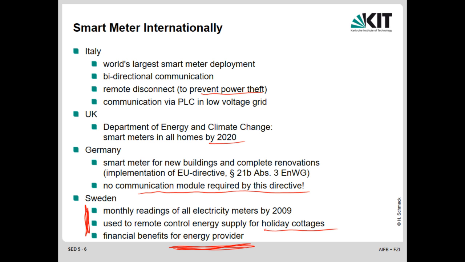In Sweden, it's no problem for the people because they know if they send the data, they get services back. They get services like telling them, as I said, the relative power consumption compared to others in the same group of people. And so they get all kinds of benefits from sending data out.